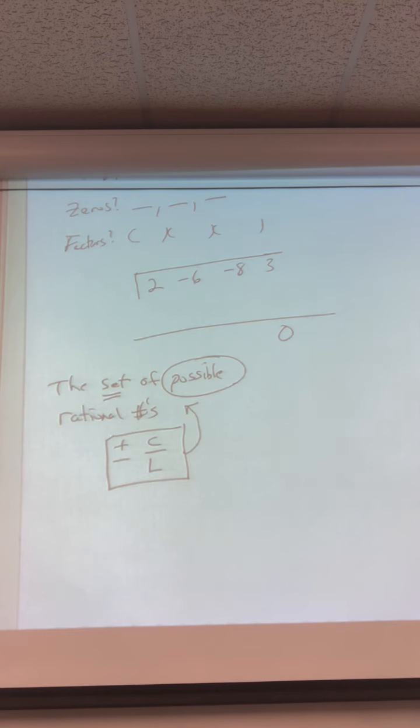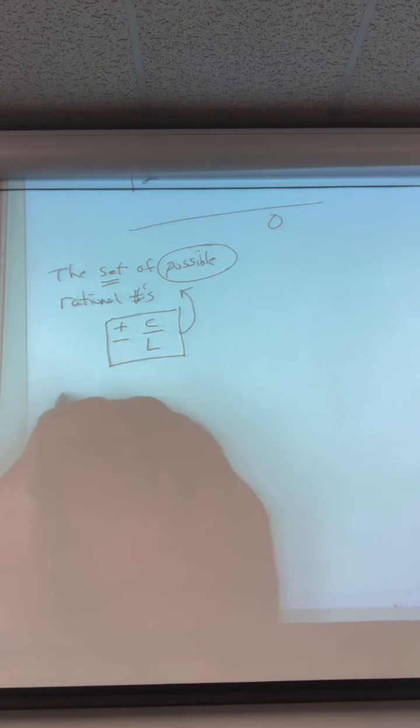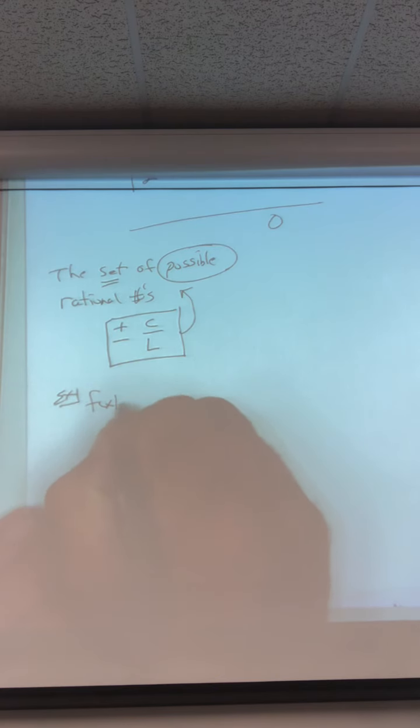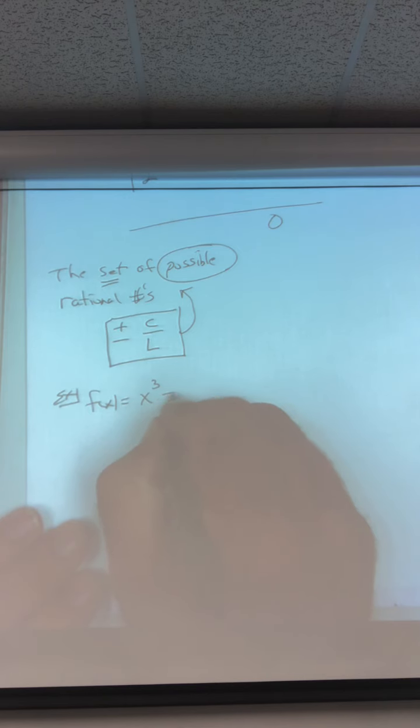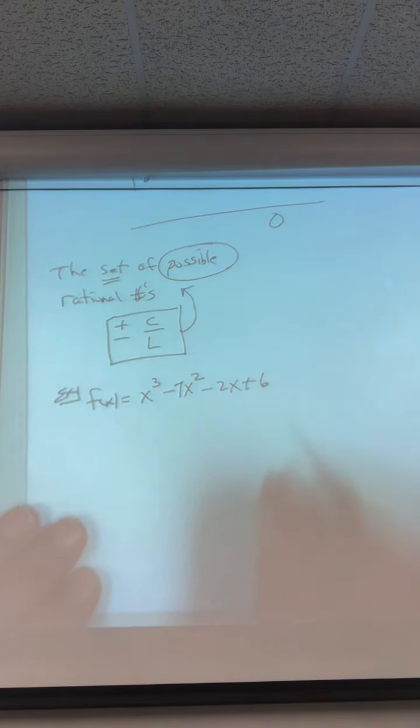Okay, so we're going to just do 2 quick examples on this. All right, so let's look at this first example. F of x equals x to the third minus 7x squared minus 2x plus 6.